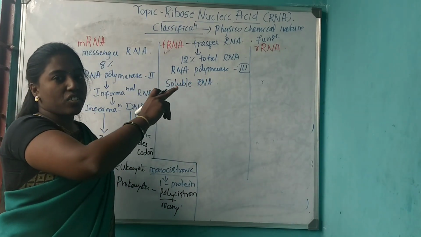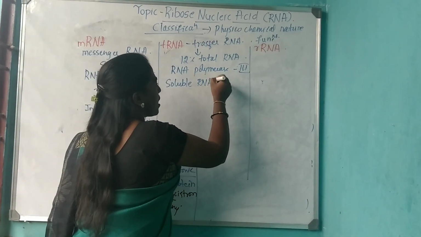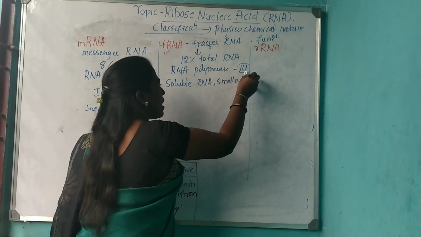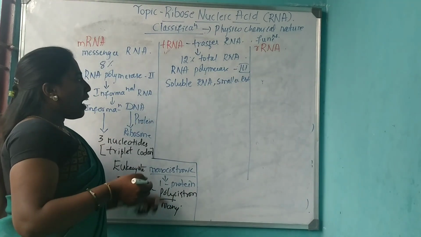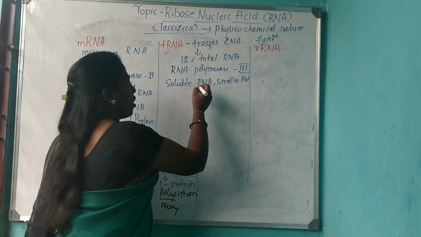Among all three, this is the smaller RNA. It is also called adapter RNA or adapter molecule.